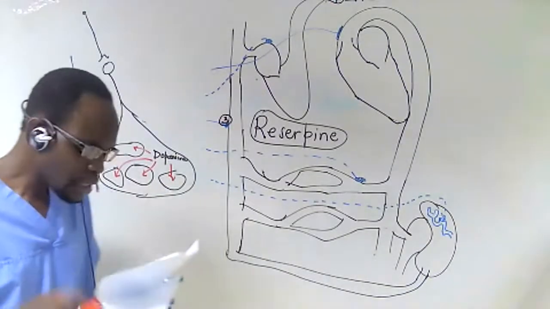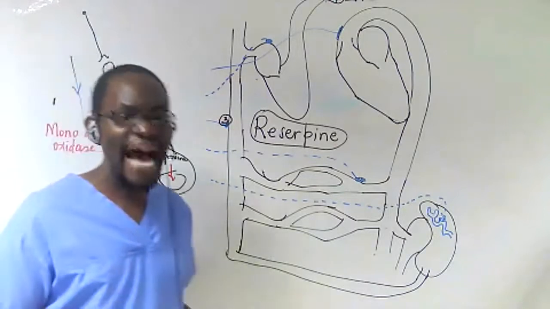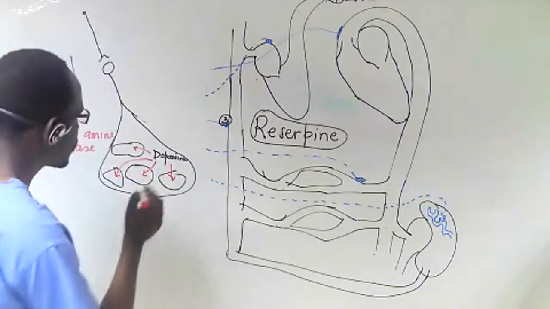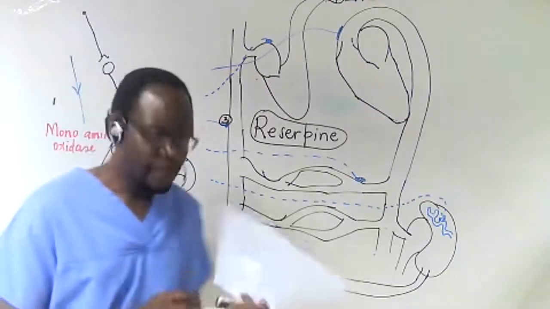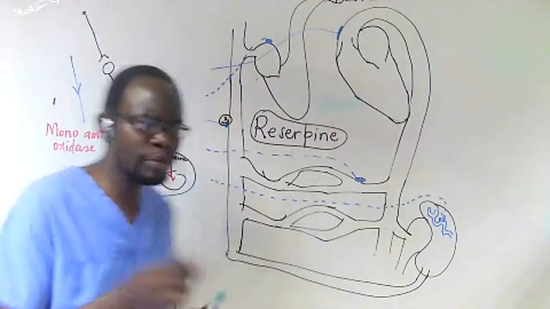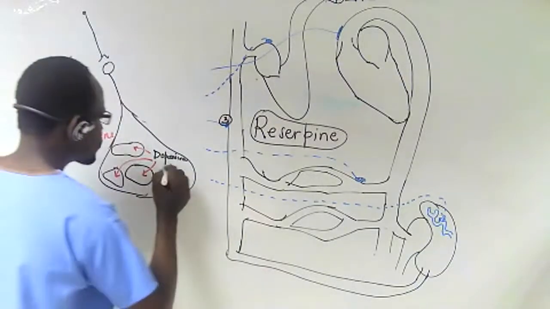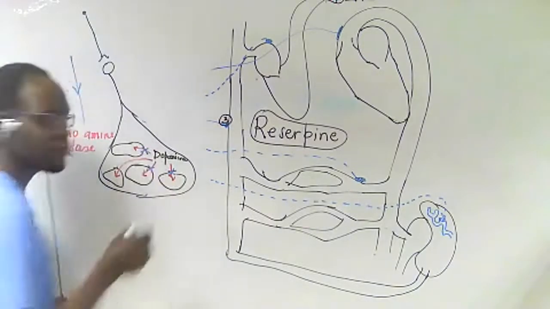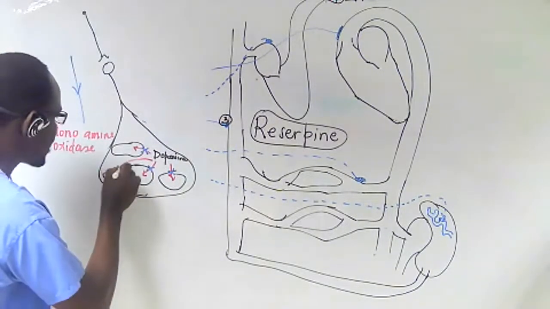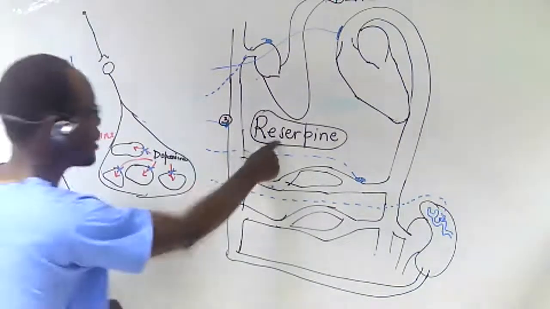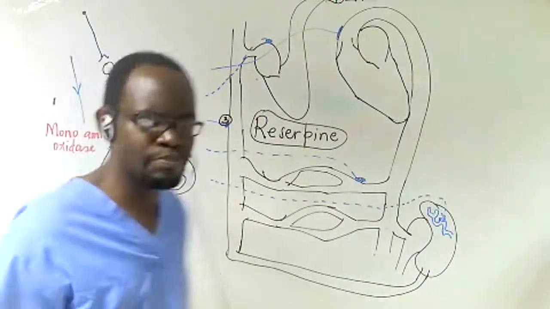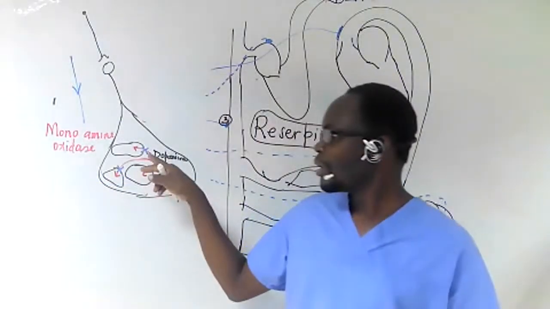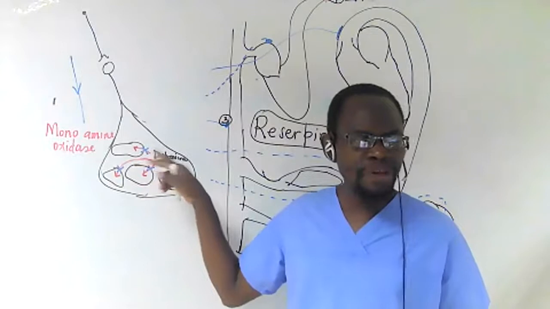Now, what reserpine does is that it interferes with these pumps that pump dopamine into the vesicles.